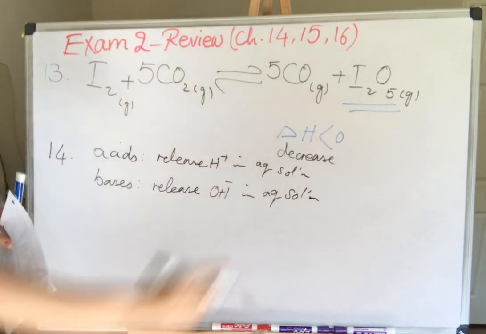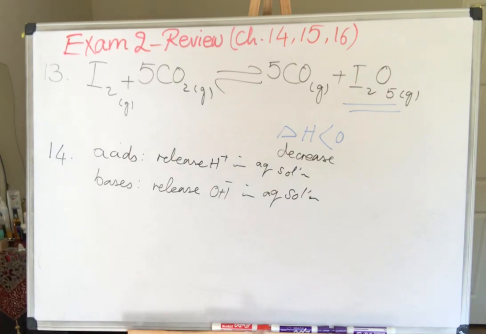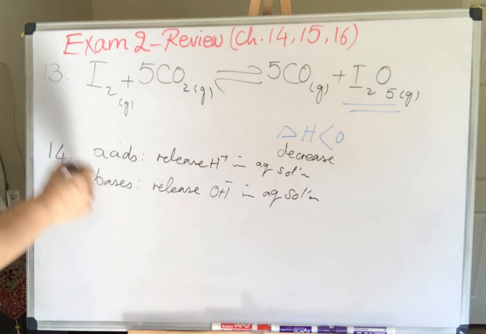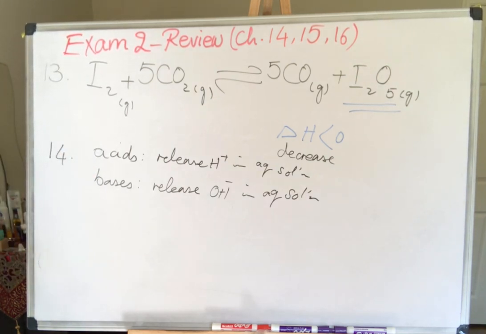So in which of them do you not see such a thing? A is following the Lewis theory, so A is not the one that follows the Arrhenius theory. We don't see the release of any hydrogen or OH in the solution.